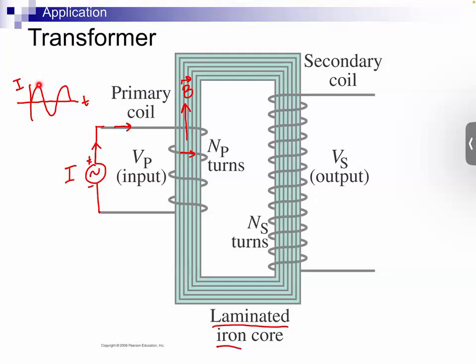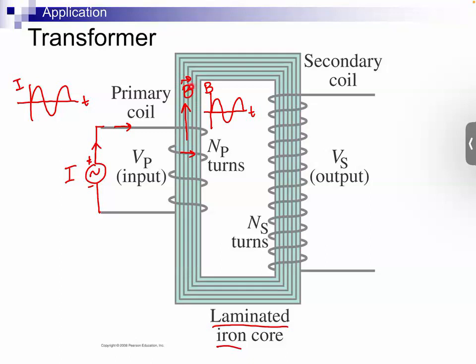So the magnetic field that's generated will also have a varying magnitude relative to time. When the current is maximum, the magnetic field it generates will also be maximum. When there's no current, there's no magnetic field generated.